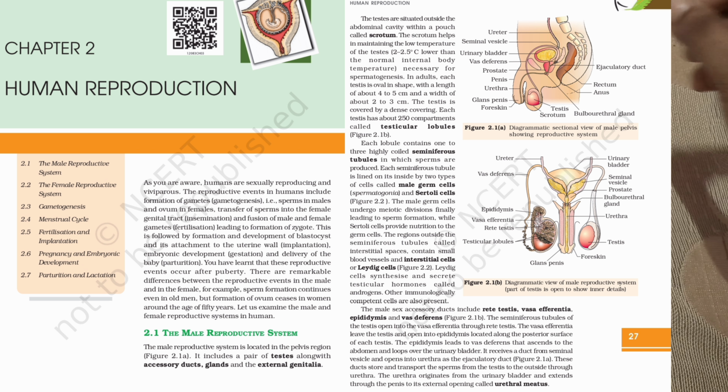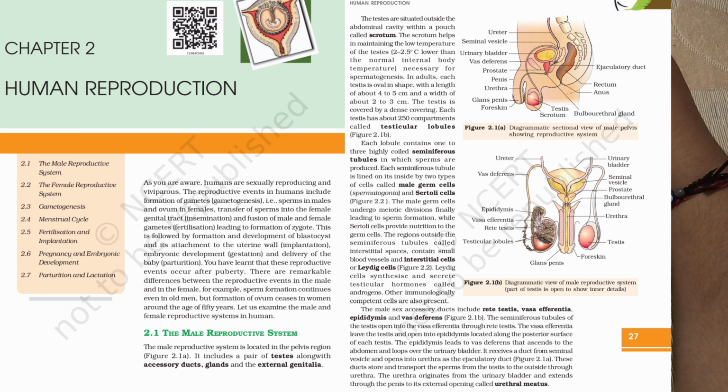The male sex accessory ducts include rete testis, vasa efferentia, epididymis, and vas deferens. The seminiferous tubules of the testis open into the vasa efferentia through rete testis. The vasa efferentia leave the testis and open into epididymis located along the posterior surface of each testis. The epididymis leads to vas deferens that ascends to the abdomen and loops over the urinary bladder.